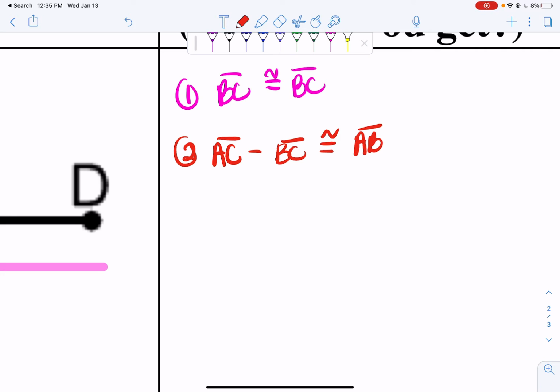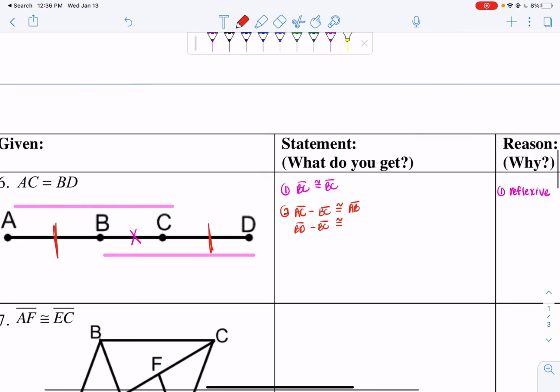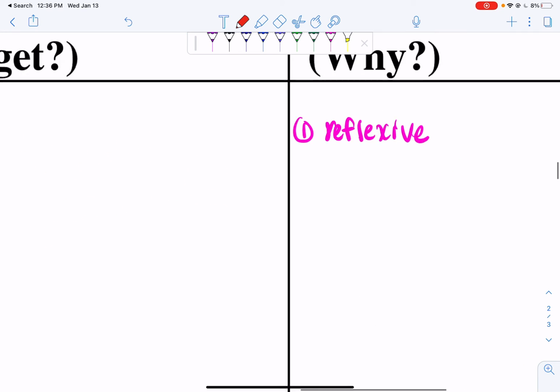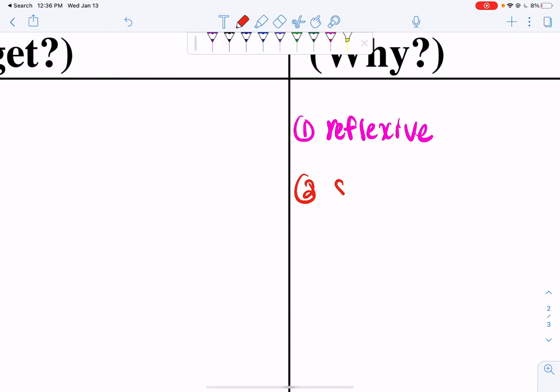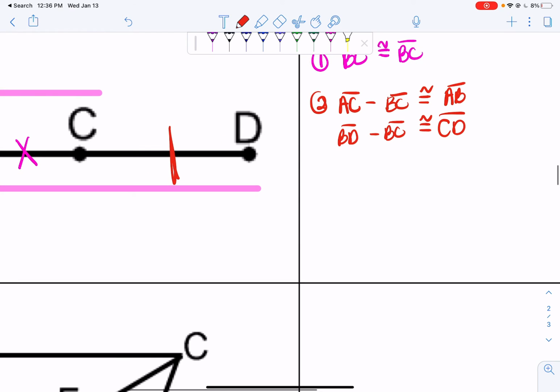And then I'm going to do BD minus BC, and that's congruent to DC, or CD. That is my subtraction step. Now what you can say is that AB and CD are congruent to each other by substitution.